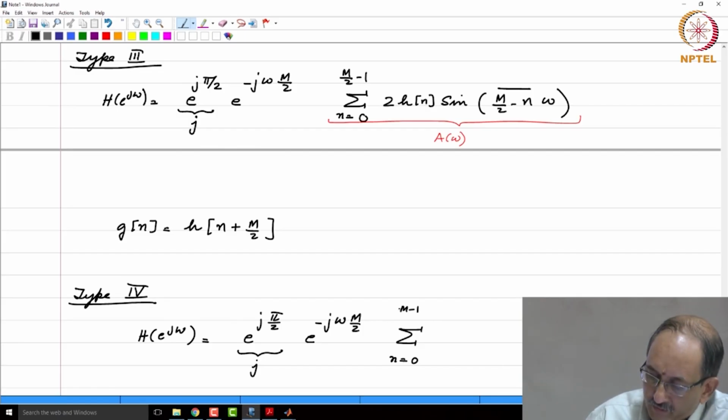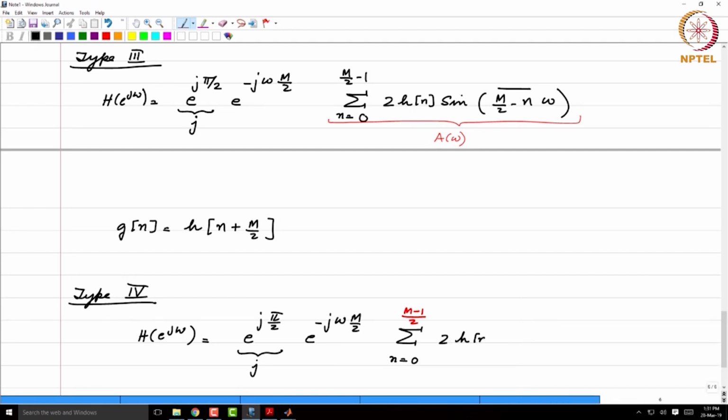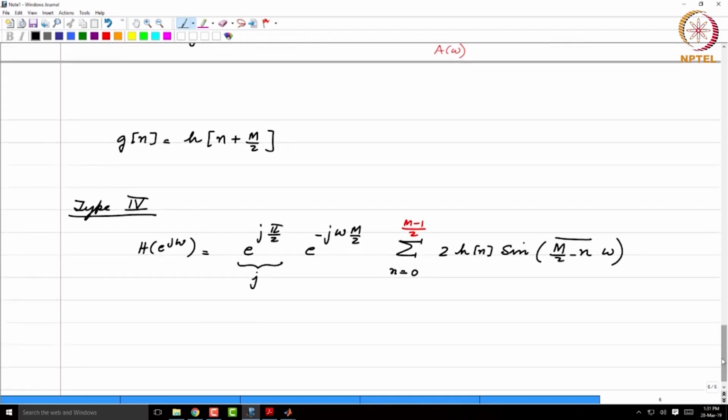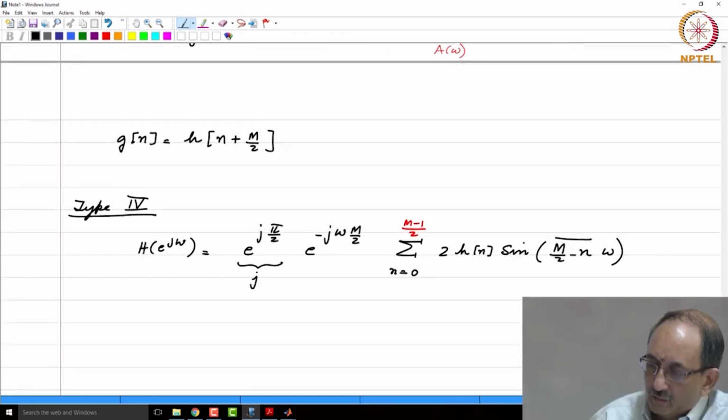So, this is once again the sum up to m minus 1 by 2, 2 times h of n, again it has to be sine, of (m by 2 minus n) times omega. So, these are the frequency response expressions for the 4 types of linear phase filters.